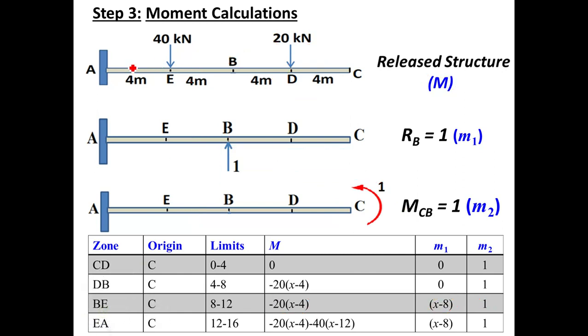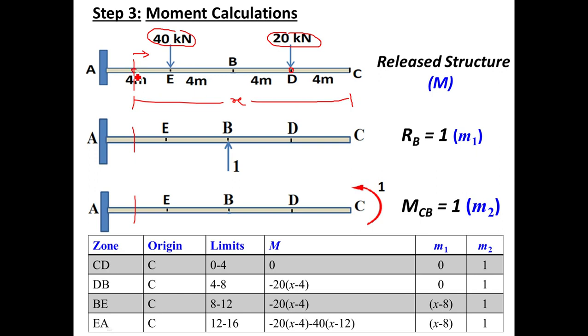If you take a section in the fourth zone of all three figures and observe the right portion of the section now, there are 2 point loads, 40 kilonewton and 20 kilonewton. Now we have to take the moment of these 2 point loads. First, the moment of 20 kilonewton, acting at point D. Distance x is measured from the origin.